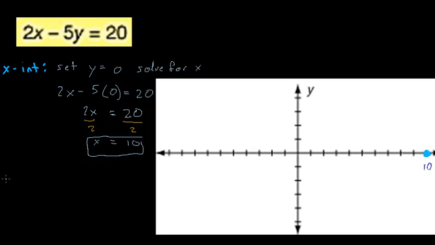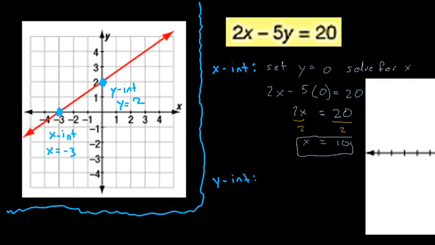What about the y-intercept? Well, let's think about that. Going back to our last problem, the y-intercept is where the line crosses the y-axis. So again, in this scenario, x equals 0 when the line crosses the y-axis.